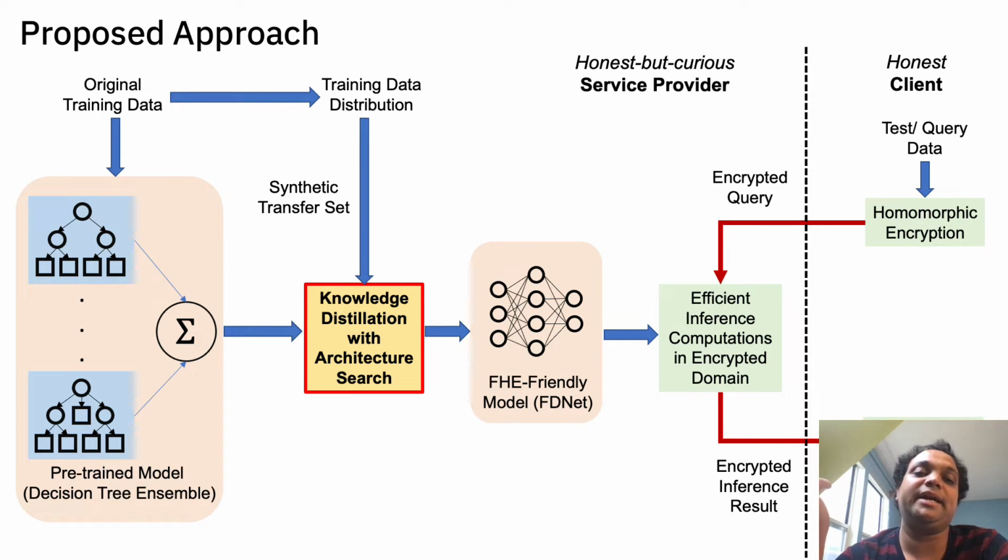And using the encrypted data and a public key, the model will perform FHE based inference on top of it, and then the resulting results will be sent back to the client where they can be decrypted. Okay. So the key thing to note here is there is no private key shared from the client to the service provider or the cloud environment.